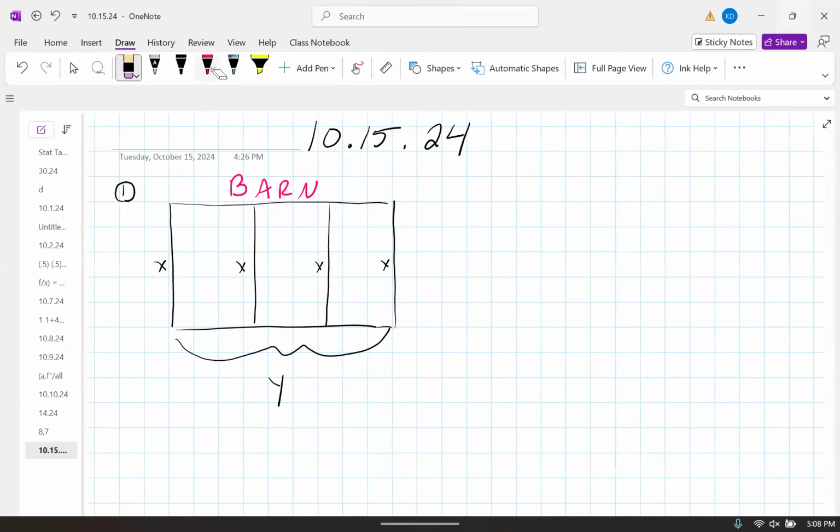We want to optimize our area inside. So, any thoughts on how to do that? We had to make an equation. Equals 400, but okay.